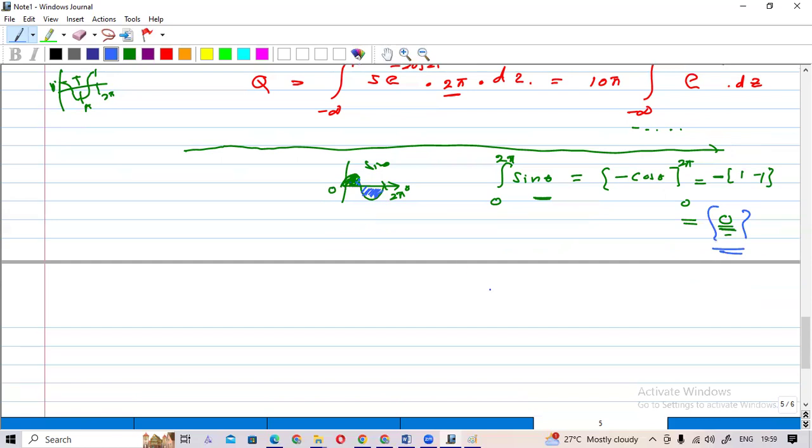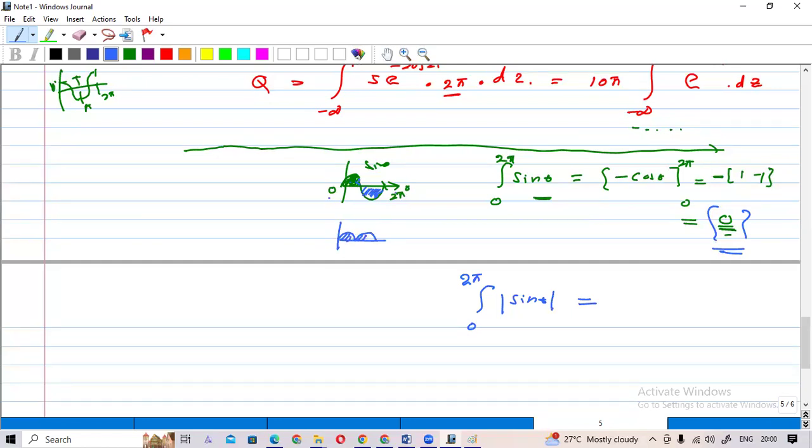If we do the integration of the magnitude of sine theta, what is the answer? The magnitude of sine theta means the plus value only; we have to consider only the plus value. If you consider it from 0 to 2π, it is like this.